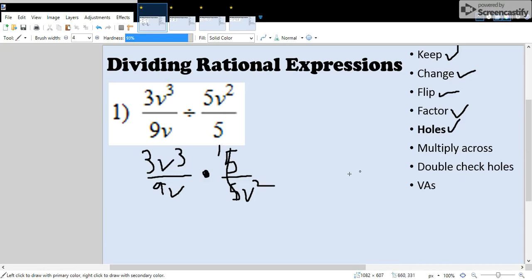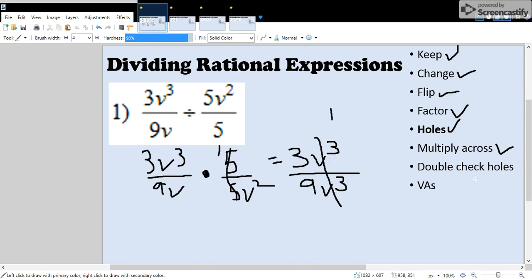Let's multiply straight across. So then we have 3v to the third power over 9v to the third power. Okay, so we're going to double check to see if anything else reduces. Well, the v cubes both cancel. They turn into 1.